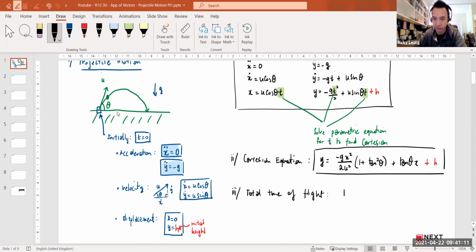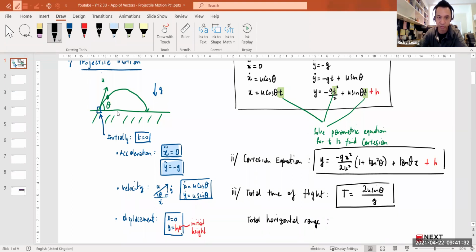This formula here, T equals 2u sine theta on g, right? And then they might ask you, what's the total horizontal range, right? So basically, what distance did it travel when it landed back on the ground?